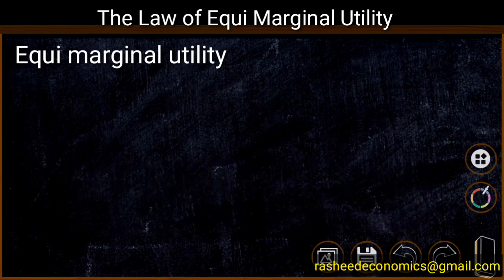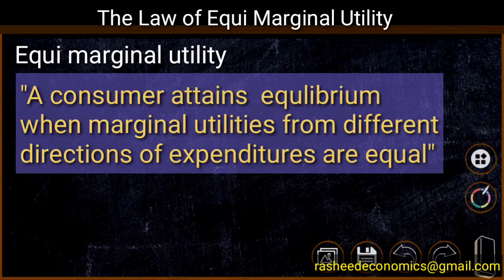As per the law of equimarginal utility, a consumer attains equilibrium when marginal utilities from different directions of expenditure are equal.